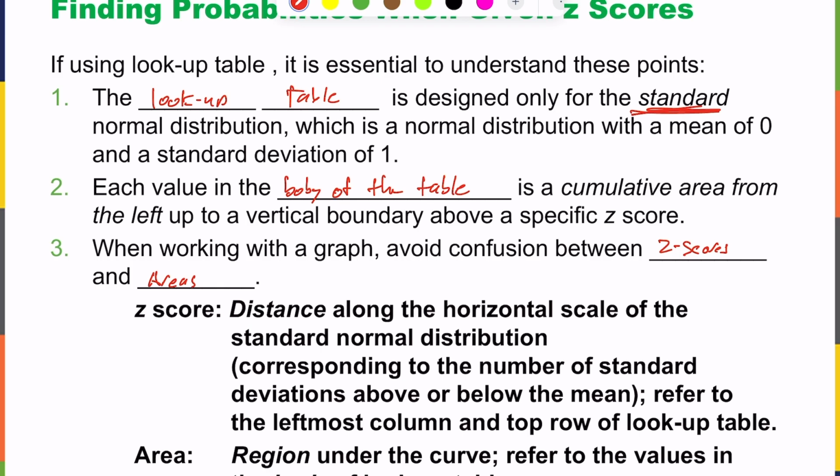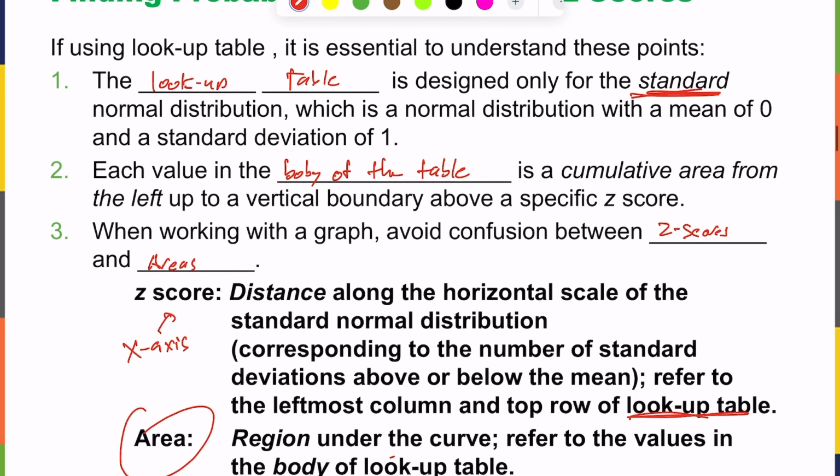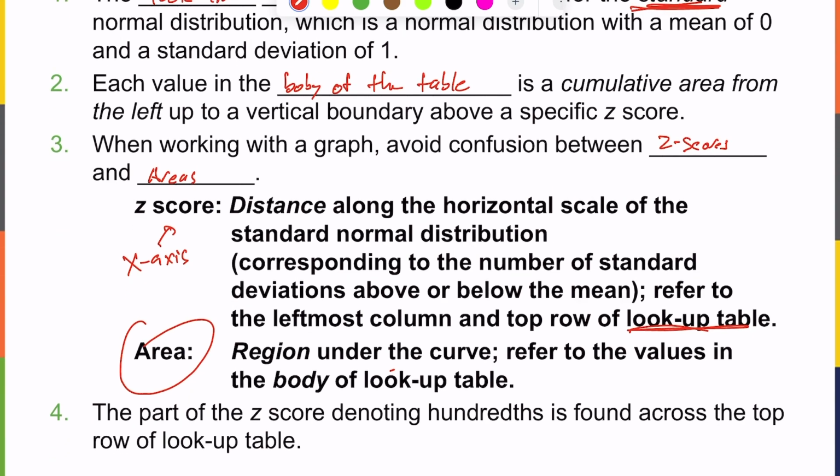Refer to the leftmost column of the top row of the lookup table. Okay, we'll talk about that. The area is the region under the curve. So this thing here is on the x-axis. This thing here is the area. Okay, and then part of the z-scores denoting hundredths is found across the top row of the lookup table.